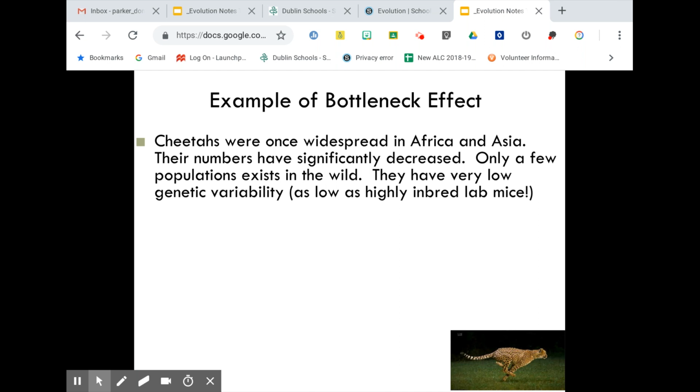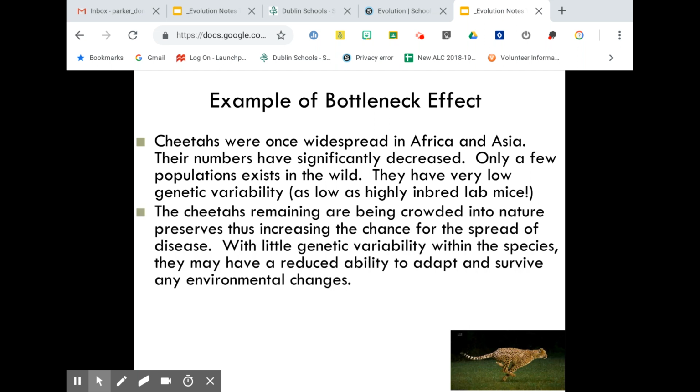And so as a result of that, the cheetahs that are left are being put into nature preserves, which increases the chance for the spread of disease because of proximity, and also because they don't have a whole lot of genetic variability, they have reduced capacity to adapt and survive any environmental changes that may happen.